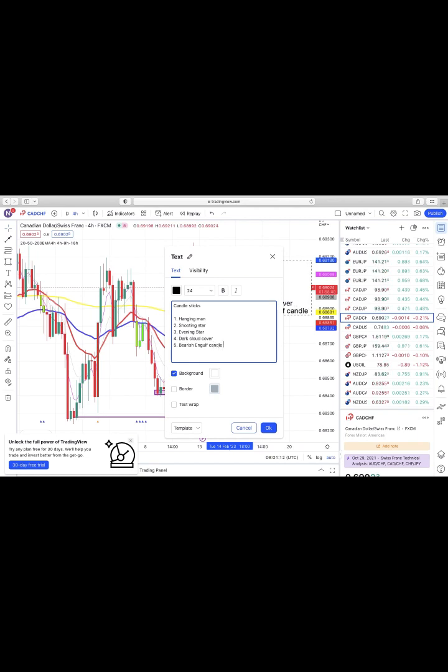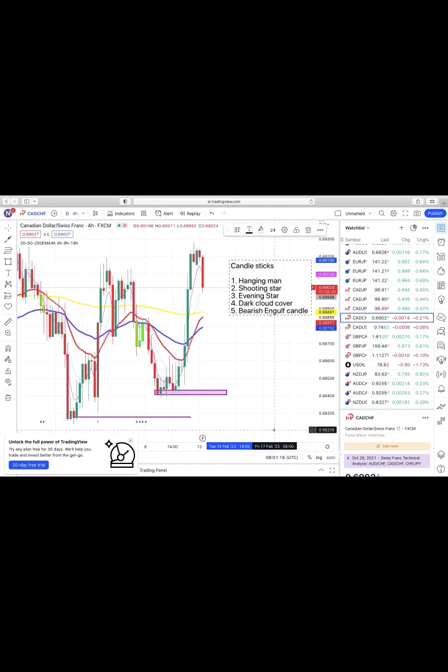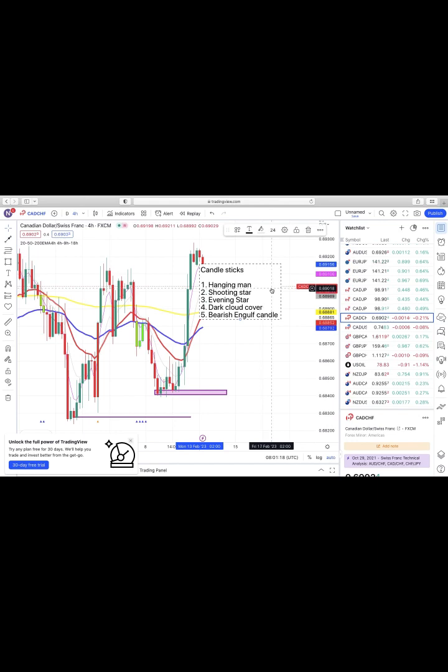So guys, candlestick formation is very important in looking at whether you want to sell or buy. But when you want to sell, these are the formations to look at: the hanging man, shooting star, evening star, dark cloud cover, and the bearish engulfing candle. We'll talk about them in our next coming videos.